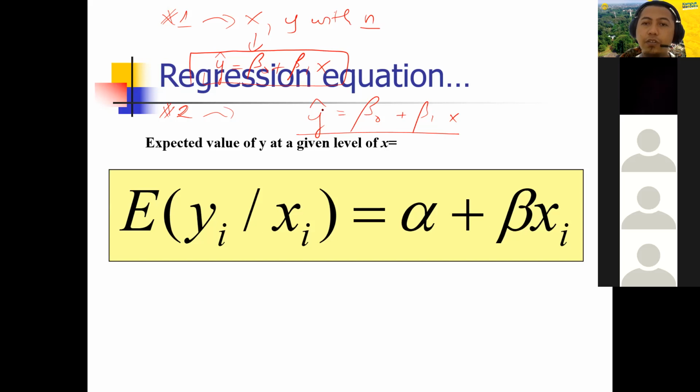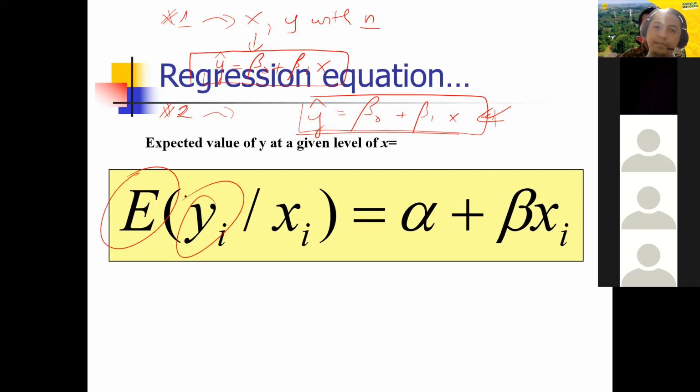From this slide, I want to say that this line is not fixed. Every time you take a different observation, you might arrive at a different predictor, a different equation. And then you can estimate using the average of y here.